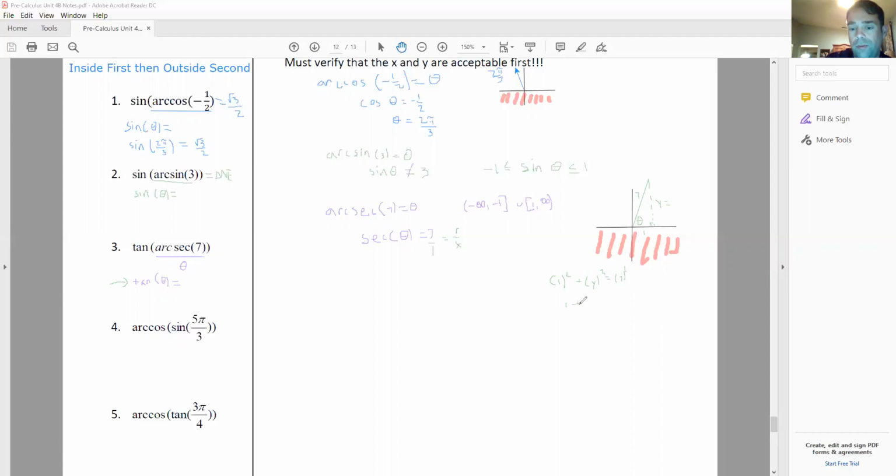So 1 plus y squared equals 49. So y squared equals 48. And y equals plus or minus root 48. And which one of these do I want? Friends, I want it to be a positive root 48.